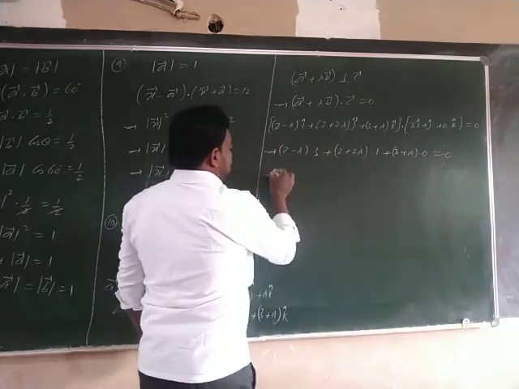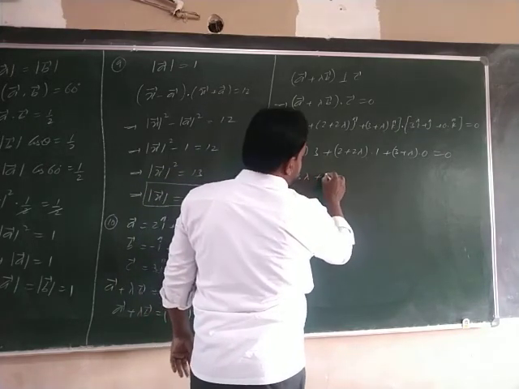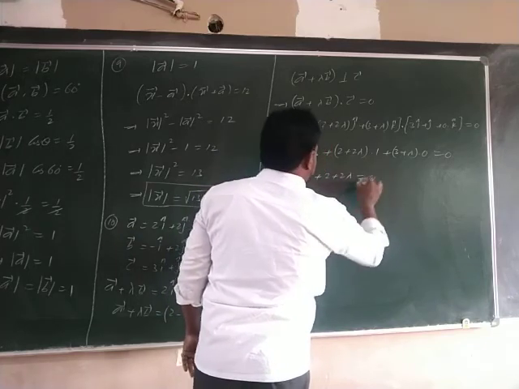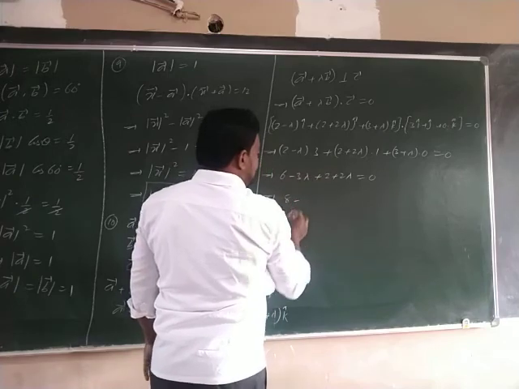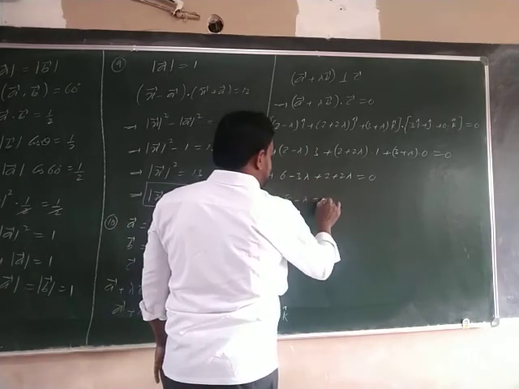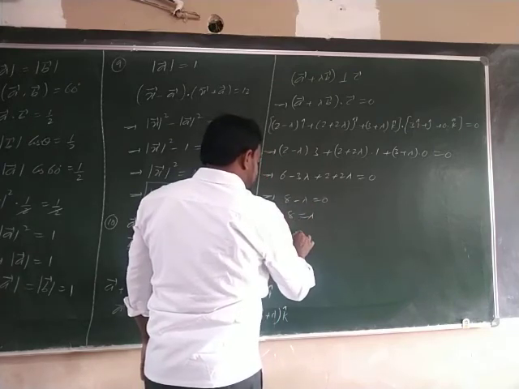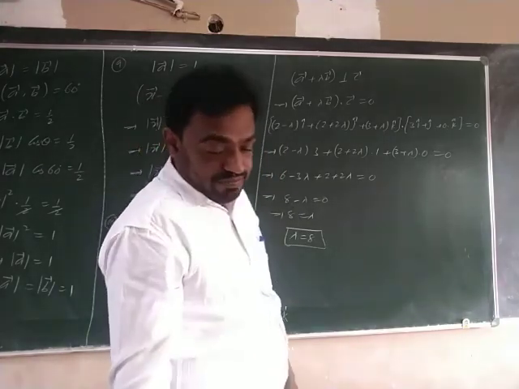Taking the product, this is 6 minus 3 lambda plus 2 plus 2 lambda, 0 into something is equal to 0. This is 6 plus 2 is 8, minus 3 lambda plus 2 lambda is minus lambda. That is 8 is equal to lambda. Therefore, lambda is equal to 8 is the answer.